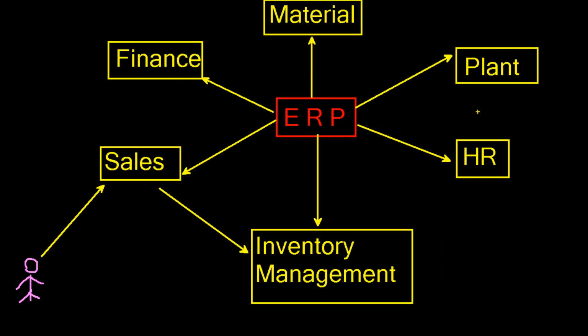This is a time taking process, and the customer will not wait that much time. Whenever the organization is using ERP, all the departments can see the information in real-time data processing. That is the importance of ERP in our SAP terminology.